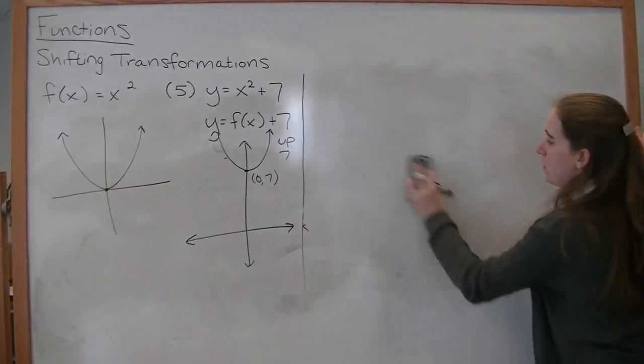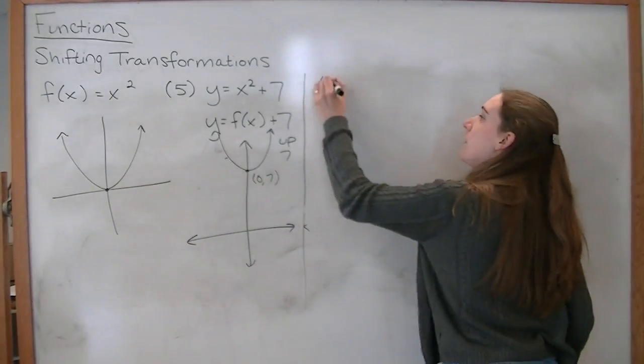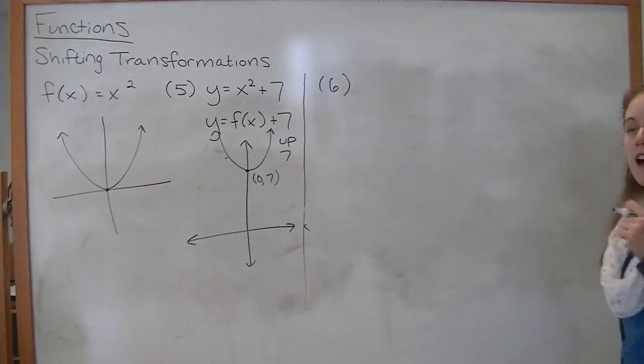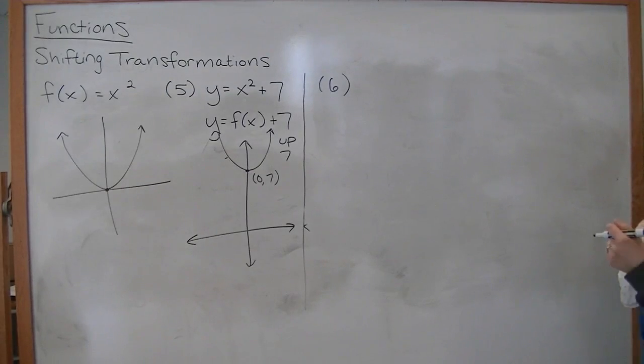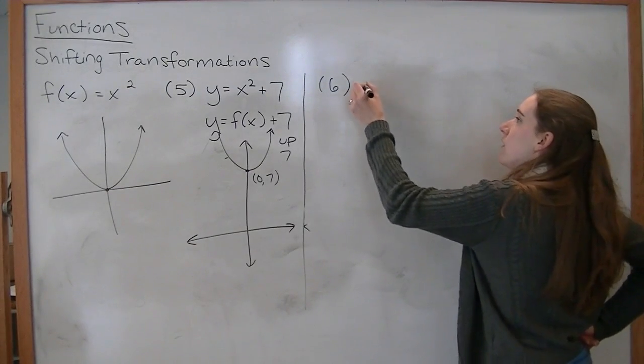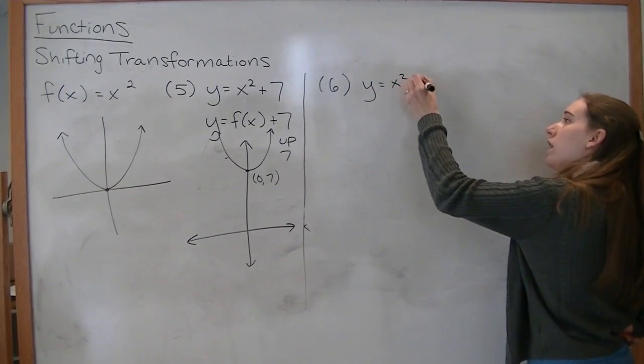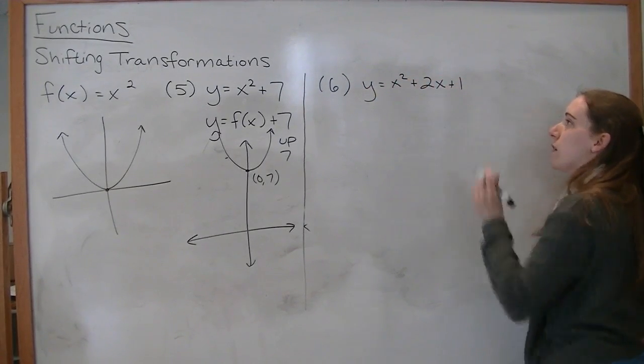Okay, let's do a couple more things. So let's take, working based off of y equals x squared, or f of x equals x squared, let's look at the function x squared plus 2x plus 1.